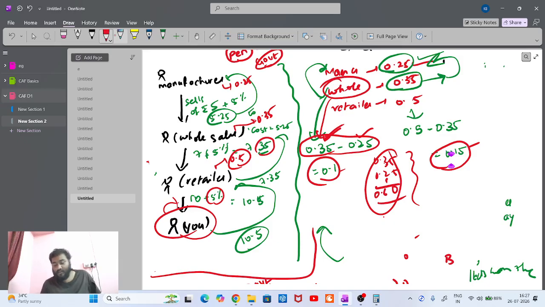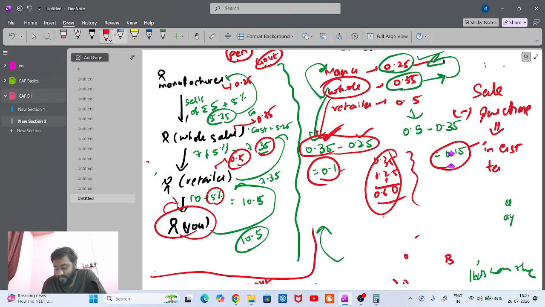Government is benefiting us here because the government tells us, okay, for the purchase of something you have paid GST, and after selling, by collecting from the customer, you are again paying the GST, right? So the government is saying, okay, why don't you just set off your sale minus purchase? Basically, sale minus purchase in GST terms.